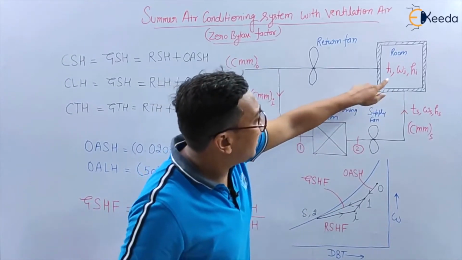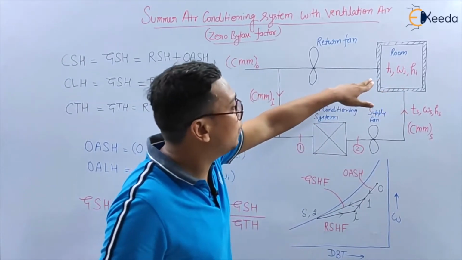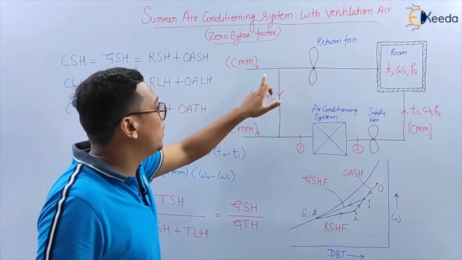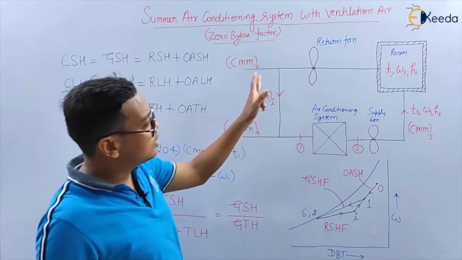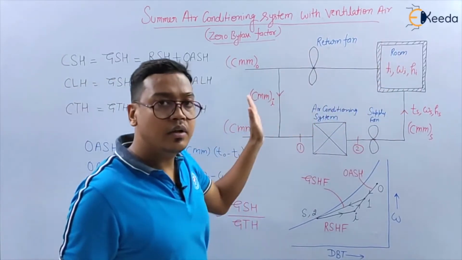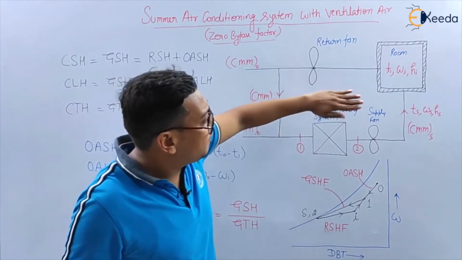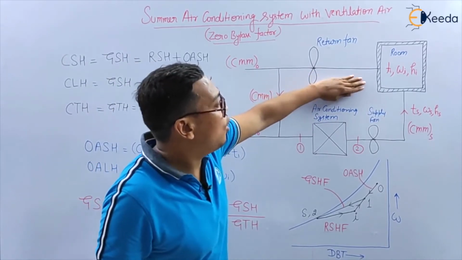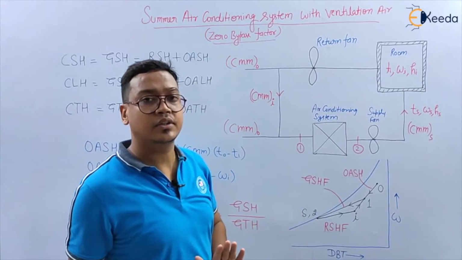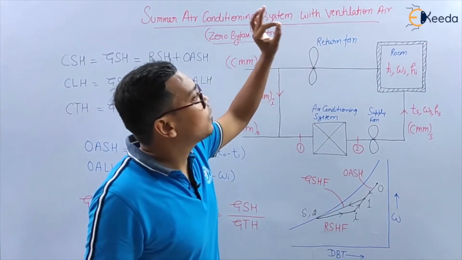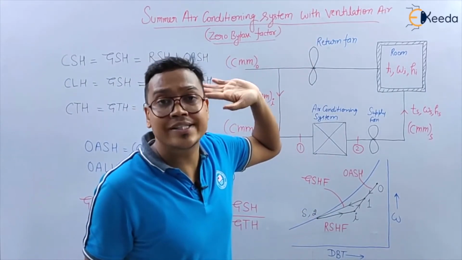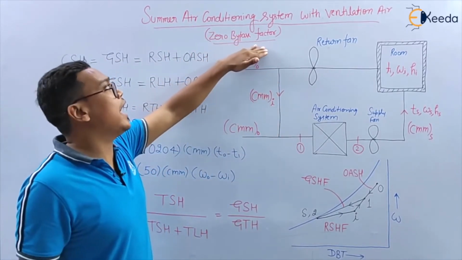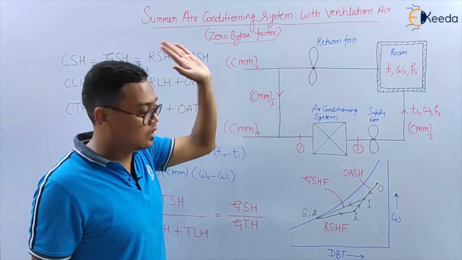Now from point number I, from the room, this cycle will repeat. So this is the process of the summer air conditioning system on the psychrometric chart, which is having ventilation air, but here I have considered zero bypass factor.